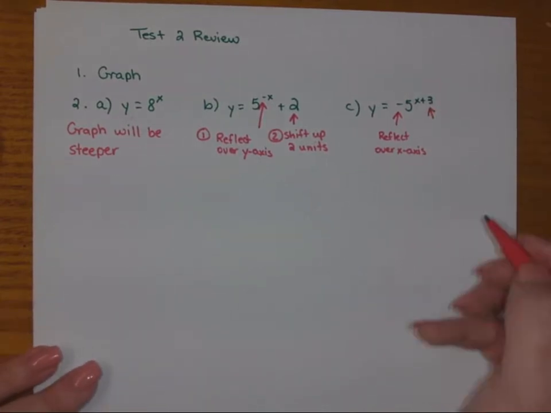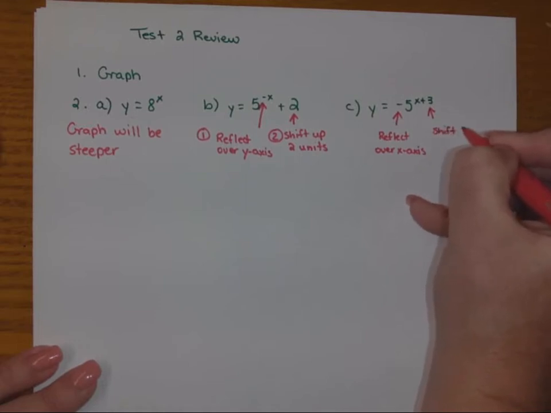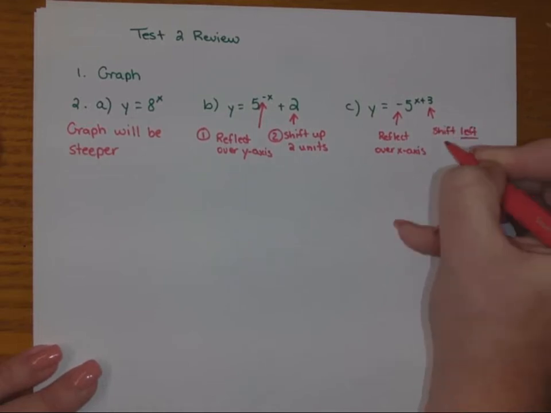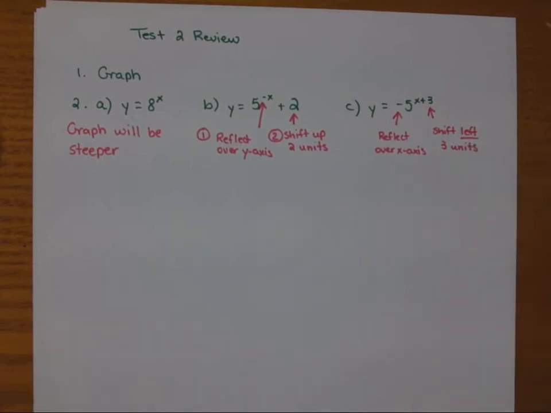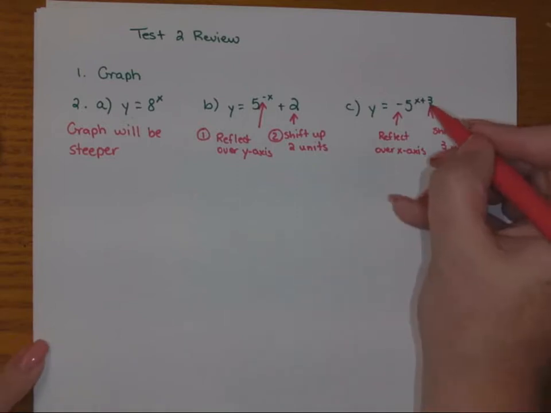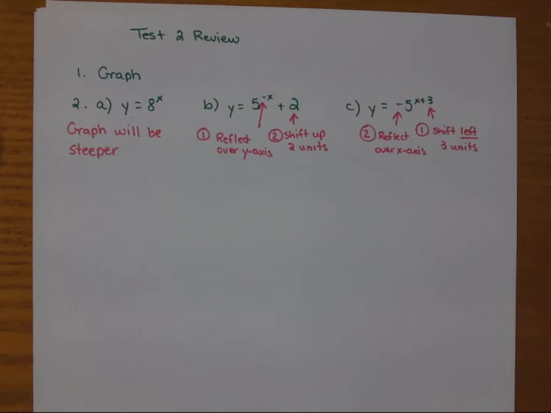It's inside the function. So this is going to be a shift left 3 units. So I'm going to underline that. Remember, horizontal shifting works the opposite of the direction of the sign. So even though it's a plus 3, it would actually be a shift to the left. And if you work from the inside out, this one actually comes first, followed by this one.